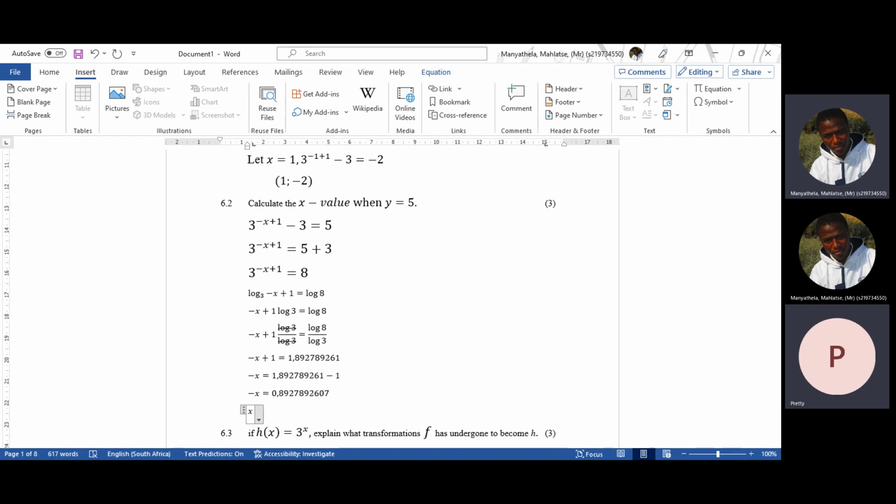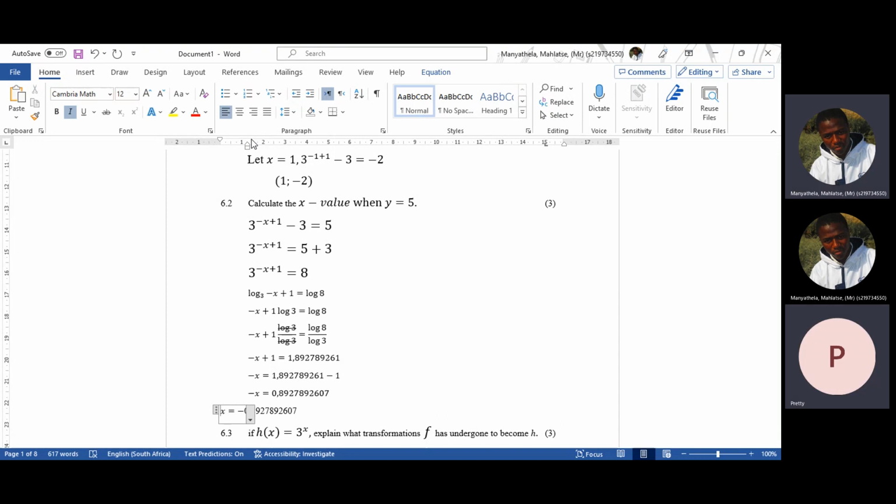So the value of x will be equal to negative 0.8927892607, and then let's round it off to 2 decimal places.